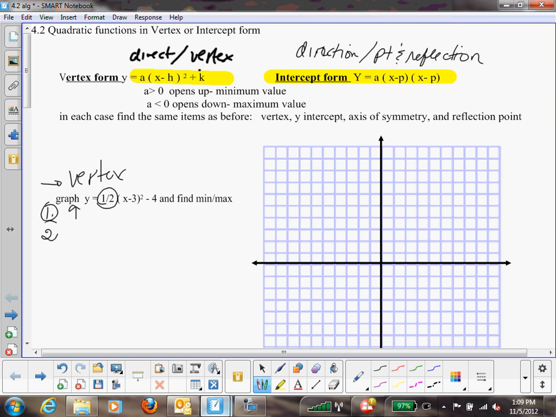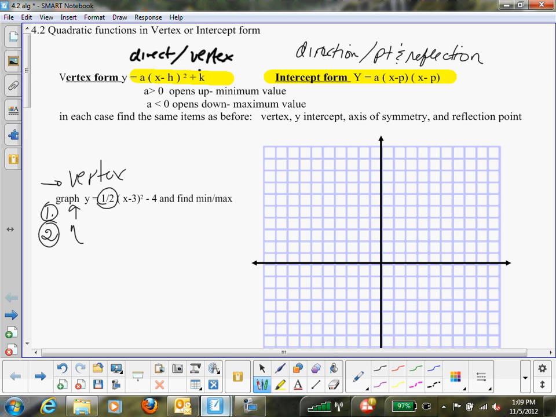This is a little bit different in that the y-intercept is not going to be -4. The y-intercept is when what happens? What value do we know is 0?